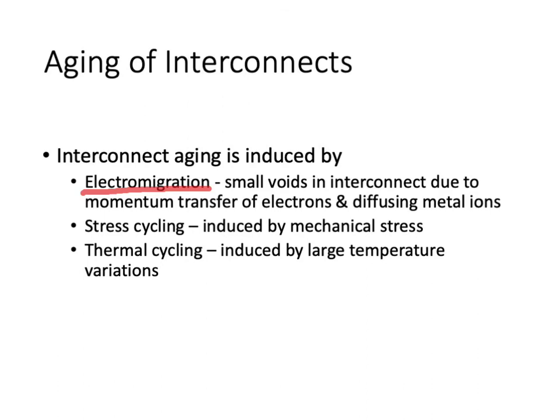So the key point here is to realize that over time the performance of the VLSI die will degrade and will increase in variability due to changes in the transistor performance and changes in the interconnect dimensions. And this reduces the reliability. That is, it reduces the ability of the die to actually give consistent performance over time.